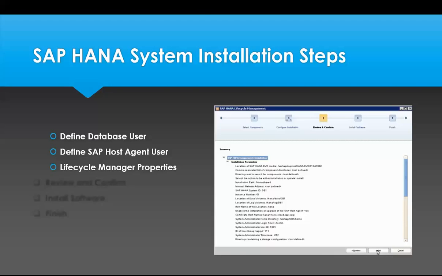Then we have to review and confirm. Here on the screen, when you press OK, you have the option of reviewing it. Here we can see the list of all the installation parameters, whatever we have specified in the whole procedure. You can see over here, this is the installation path, right? This is the system ID, instance number, location of data volume, location of log volume.